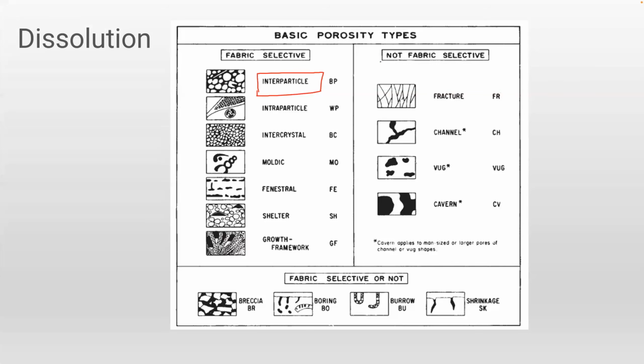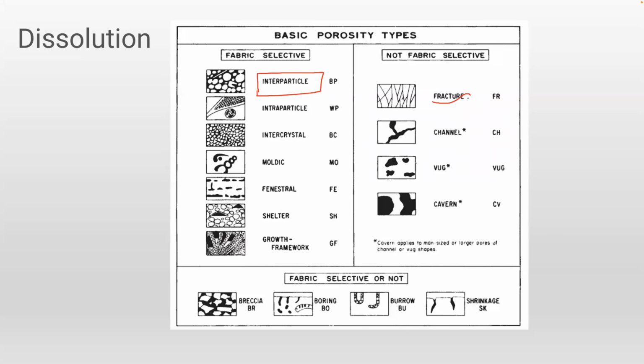Also, you have different types of porosity that are not fabric selective, for example, fracture, channel, vugs, and cavern. So in Iran, I remember that one of the very good reservoirs was the Asmari Formation. This formation doesn't have, if you look at the thin sections, you can't see any porosity.